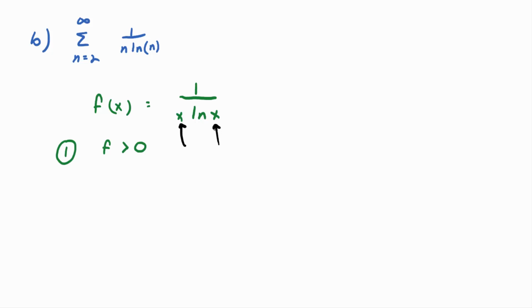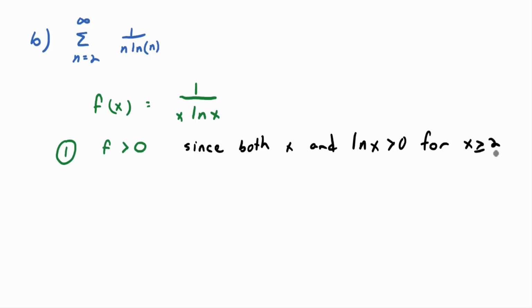Once you get past x equals 1, the natural log is positive. So it's not an issue. You could just say f is greater than 0 since both x and natural log of x are greater than 0 for x greater than or equal to 2.